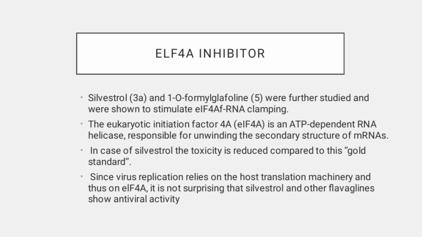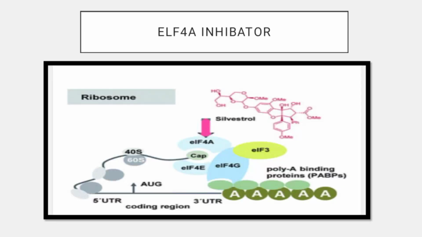The eukaryotic initiation factor 4A is an ATP-dependent RNA helicase that is responsible for unwinding the secondary structure of messenger RNA. In the case of Silvestrol, the toxicity is reduced compared to its gold standard. Some viruses rely on the host machinery to replicate their genetic material, and it is not surprising that Silvestrol and other flavaglines show antiviral activity.